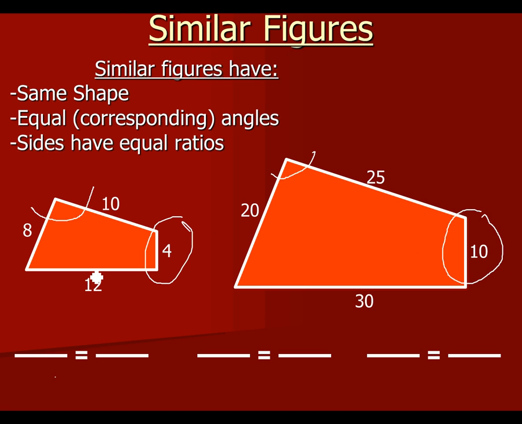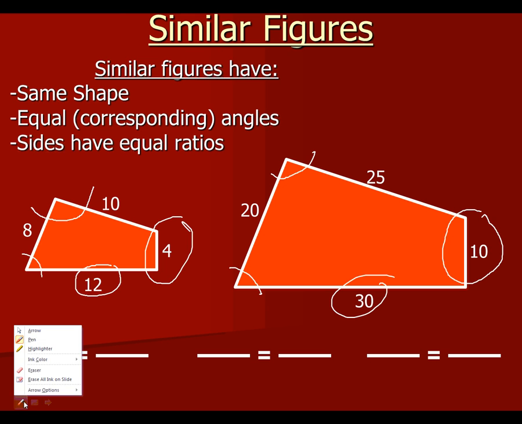One thing to be careful of when you're looking at corresponding sides and angles is that the shapes are drawn or oriented in basically the same manner, because sometimes they'll be rotated or flipped around, and you want to make sure you're looking at them from the same perspective. So 4 corresponds with 10, 12 corresponds with 30. Corresponding means same relative position. That's all that means.